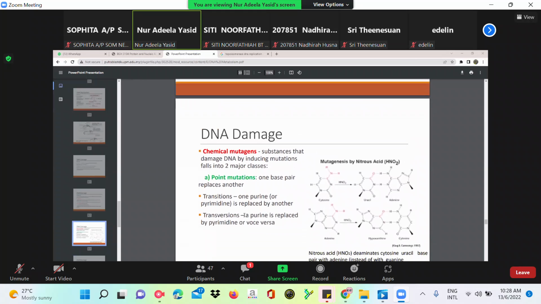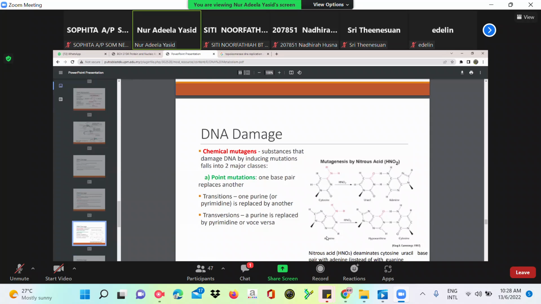So what does point mutation mean? A point mutation is when one base pair replaces another, either by transition or transversion. The best example is mutagenesis by nitrous acid. What does nitrous acid do?